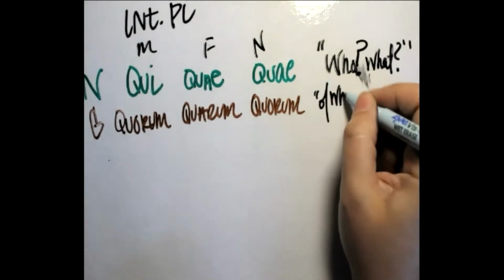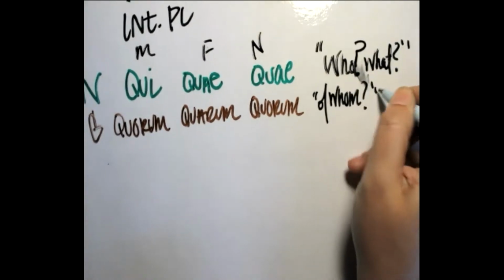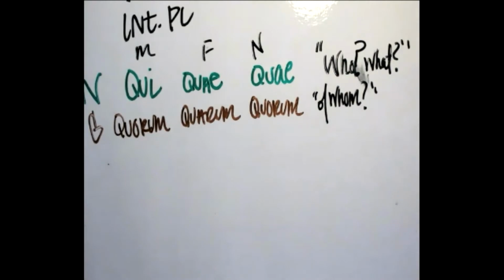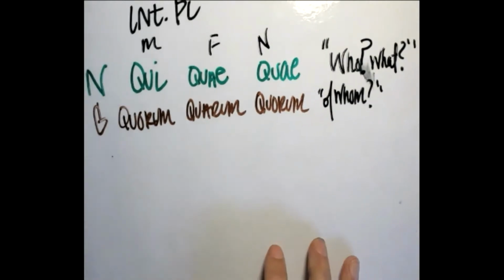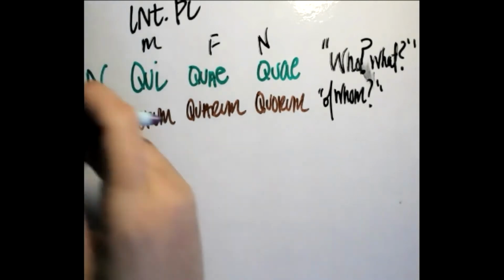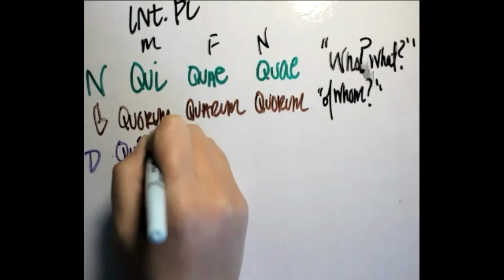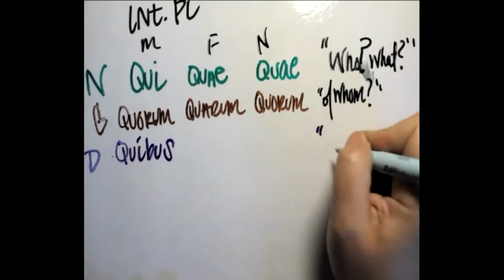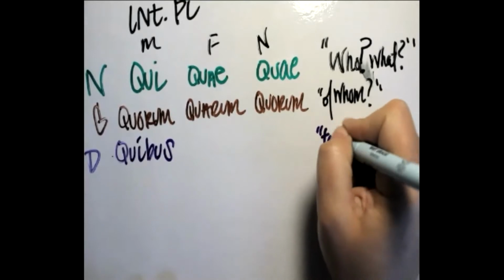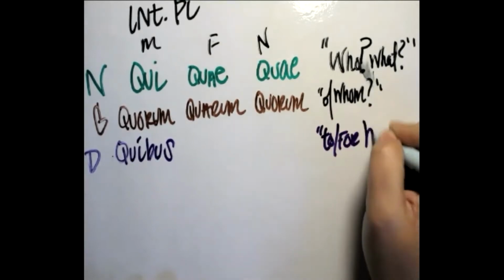Of whom, plural, as a question. And then your dative and your ablative will be the same. They'll still be quibus for all three. So, to, for, whom, plural.